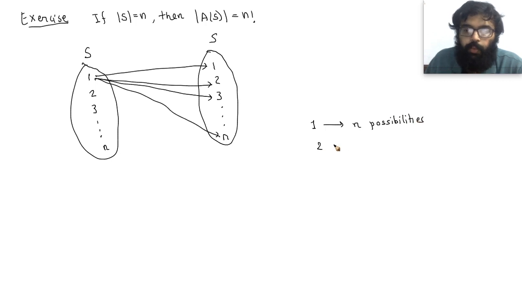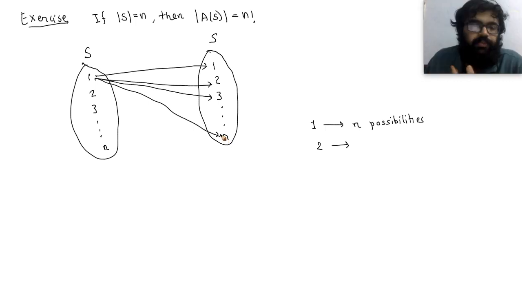Now what about 2? If f1 takes 1 to 1, then the same function cannot take 2 to 1, because we are considering one-one functions. So if 1 is mapped to, let us say, 5, then the same function cannot map 2 to 5. The image of 2 can be any of these n except the image of 1.